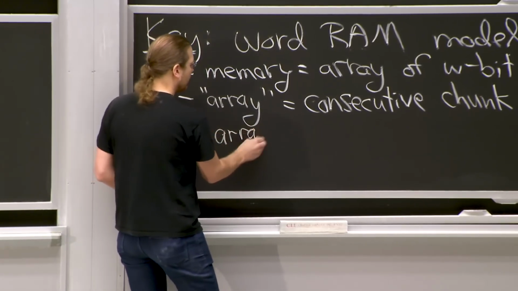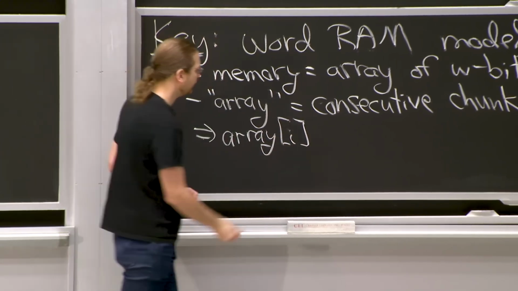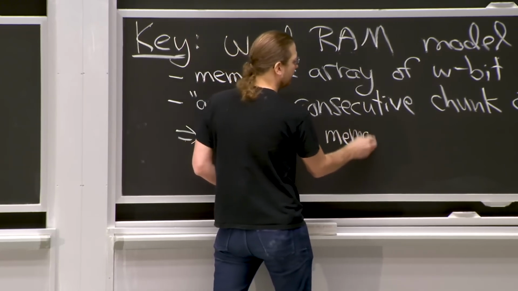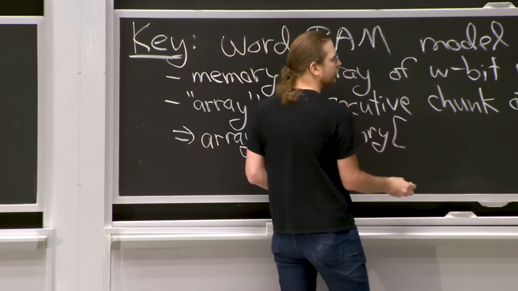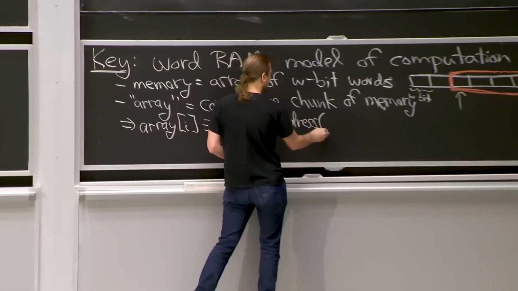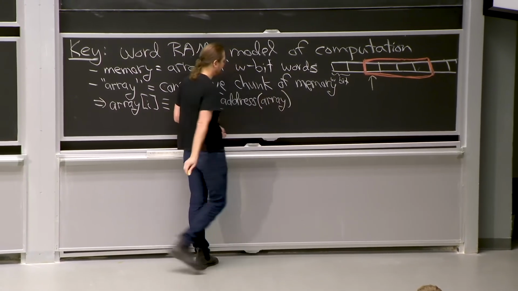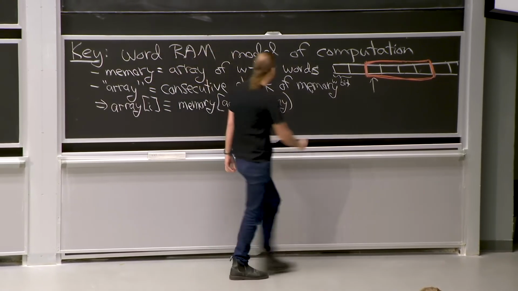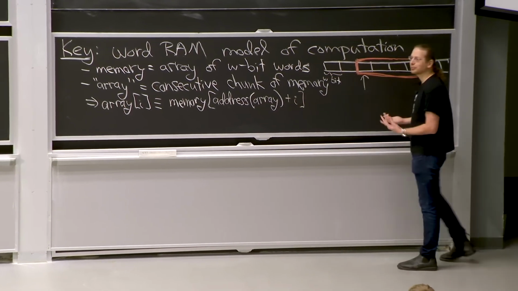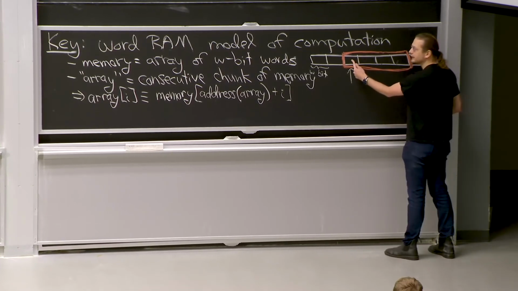if I want to access the array at index i, then this is the same thing as accessing my memory array at position wherever the array starts, which I'll call the address of the array. In Python, this is id of array, plus i. Okay, this is just simple offset arithmetic. If I want to know the 0th item of the array, it's right here where it starts.